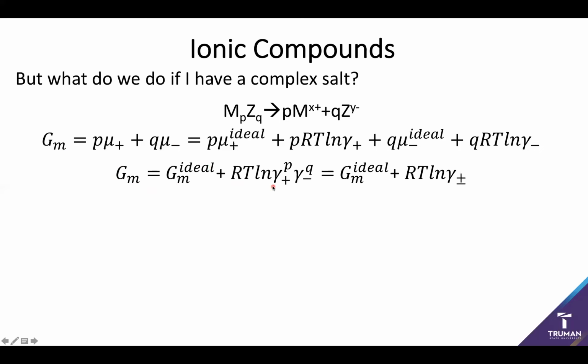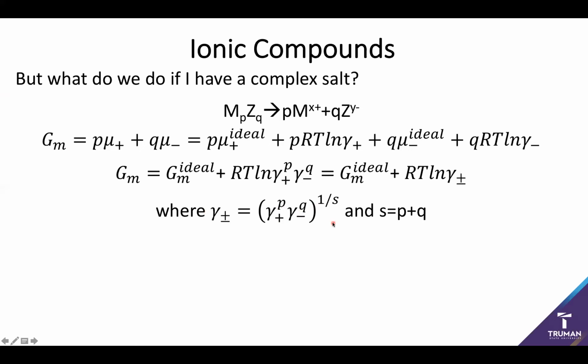And so what we do is again make a replacement where our activity coefficient for any given molecular species is going to be given by the activity coefficient of the cation times its stoichiometric coefficient times the activity of the anion times its stoichiometric coefficient, all raised to the power of 1 over the total number of ions.